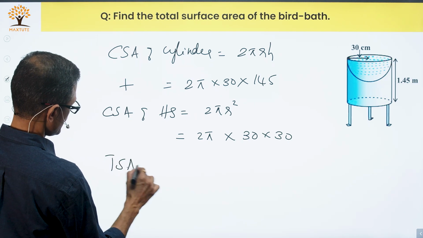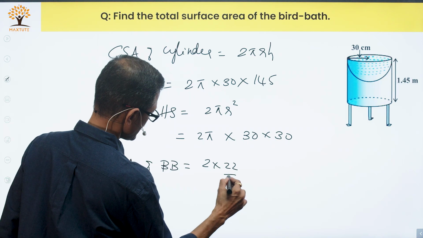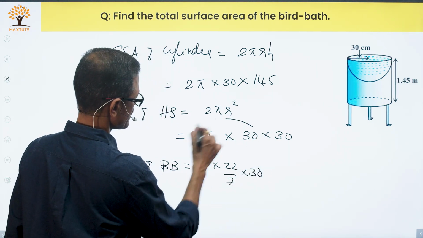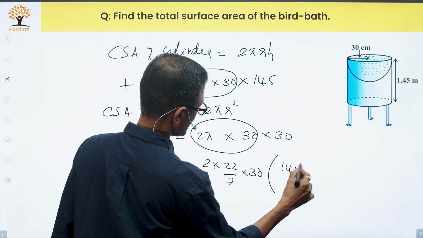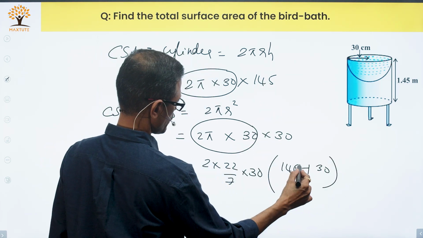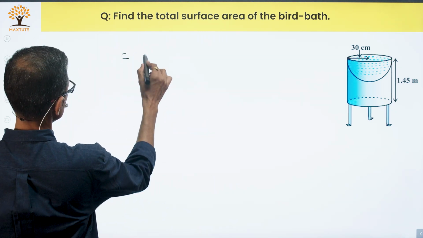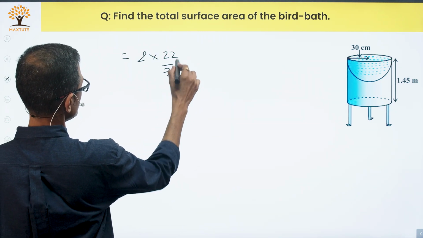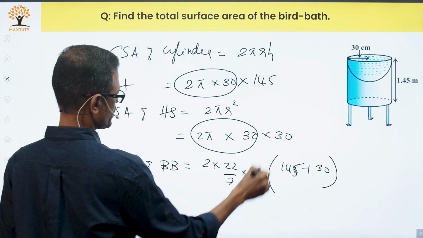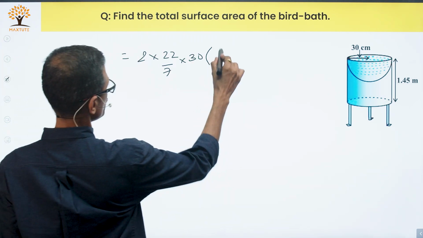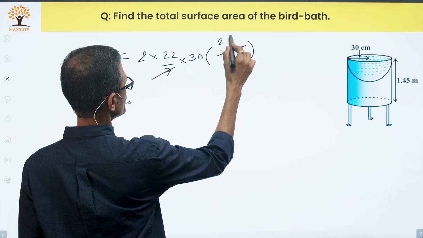So the total surface area of bird bath is equal to 2 into 22 by 7 into 30, taking this part which is common to both, into 145 plus 30. So this total surface area is equal to 2 into 22 by 7 into 30 into 175. 175 is divisible by 7, so this will leave us with a 25.